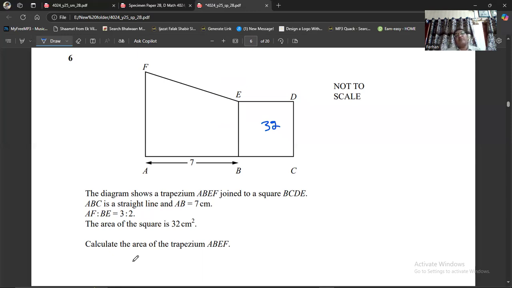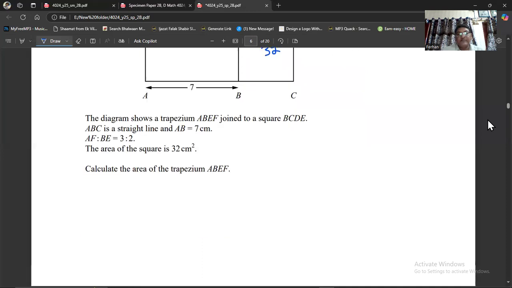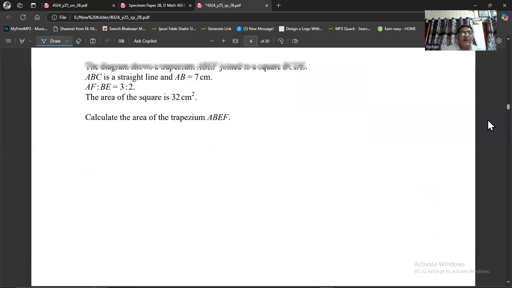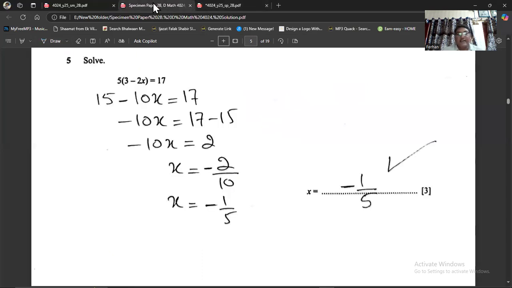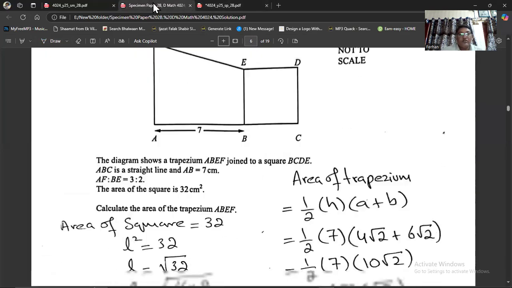The area of the trapezium is 1 by 2 into the height into the sum of the parallel sides. BE and AF are the parallel sides, and AB is the height of the trapezium. Very easily I can find the area of this trapezium. It's a 4-mark question. So this is the very simple strategy I just told you.